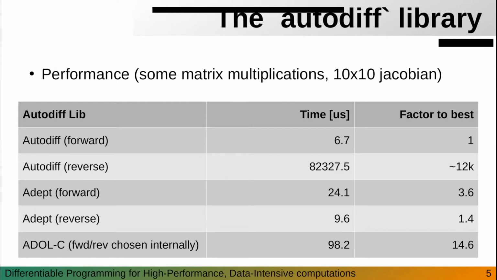But for the forward mode, we have really good performance, at least compared to the other frameworks I compared it to. So for our use case, Autodiff was really a good choice, I think.